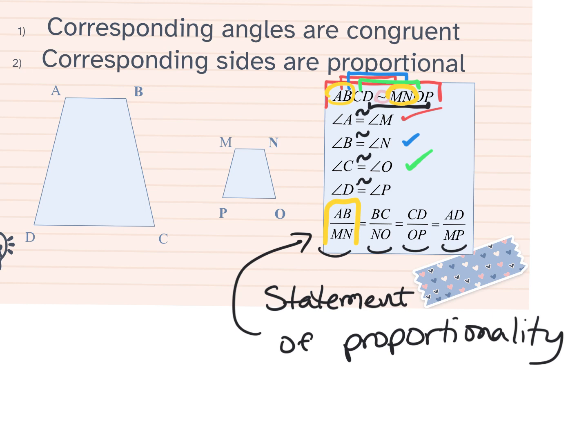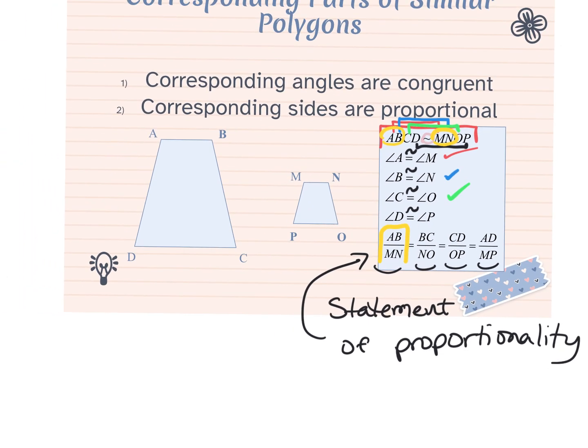So let's say, like in this particular picture, they're changing figure ABCD into MNOP, and notice it's a scaled down version. So that's what's going to happen. It's either going to be a reduction and it'll get smaller, or the figure might get larger and it'll be an enlargement.